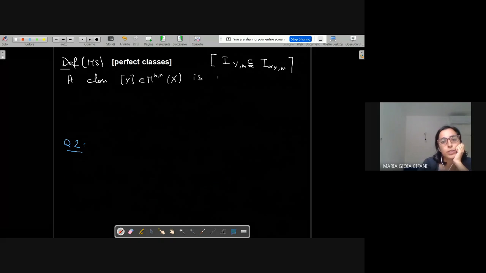A class is perfect if there exists, so we do not have a degree m, we do not have the equality, something more here, and the point is that we want to control what is left. The way to control it is that we hope this something more is something like the homogeneous ideal of other curves that we can control.